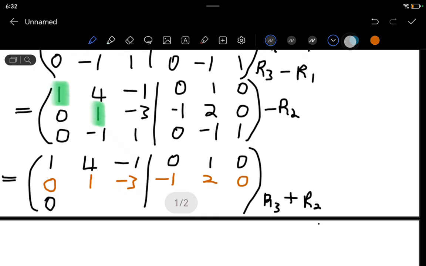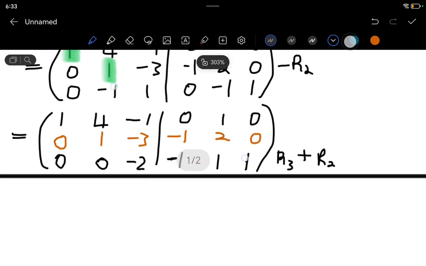Minus 1 plus 1, it's a 0. 1 minus 3, it's minus 2, 0 minus 1, it's minus 1, and then minus 1 plus 2, it's 1, 1 plus 0, it's 1. Then this will be the case, right?